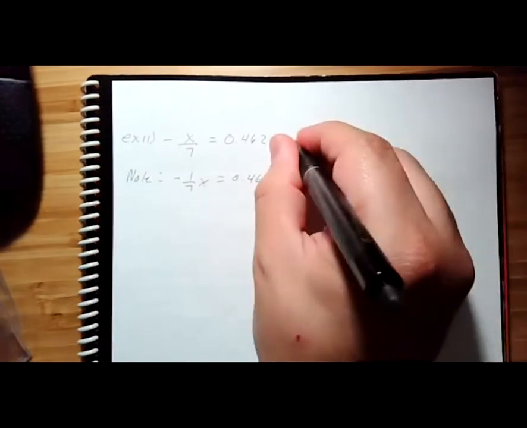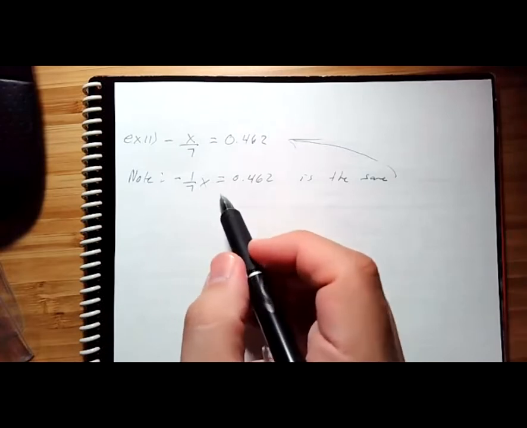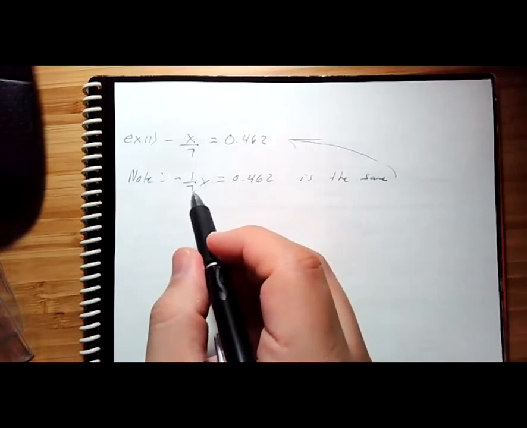A quick note here. These two are the same: -1/7 times x or -x over 7 is the same thing. So just multiply. Technically, you can see it, right? Multiply by 7 on both sides will cancel the 7.